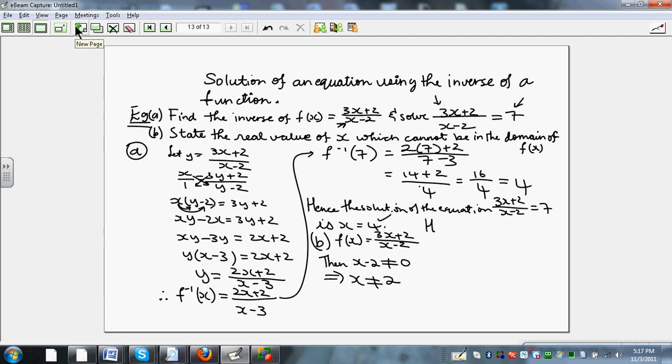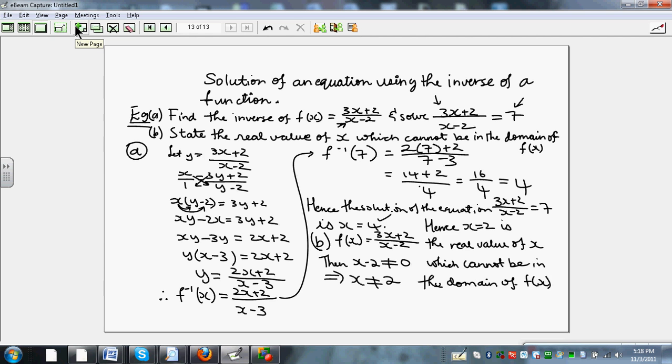Hence, x equal to 2 is the real value of x which cannot be in the domain of f of x. Okay? So and that will solve that one.